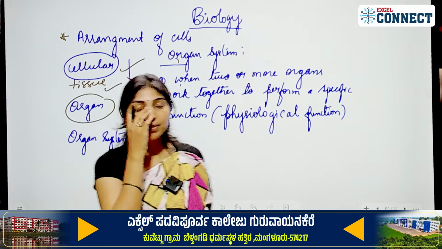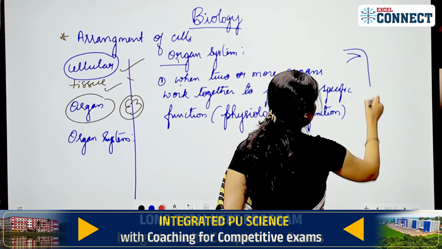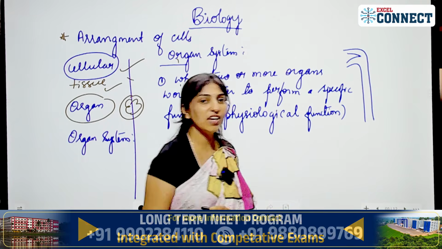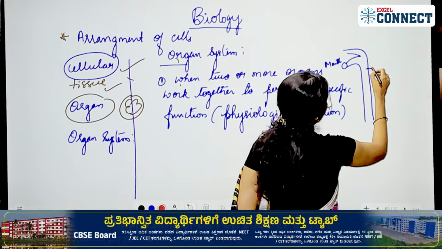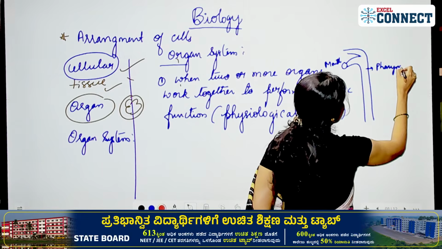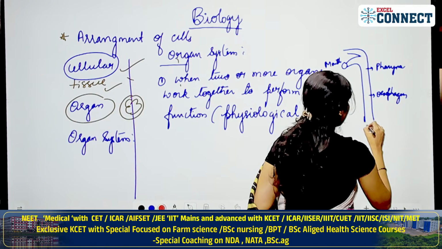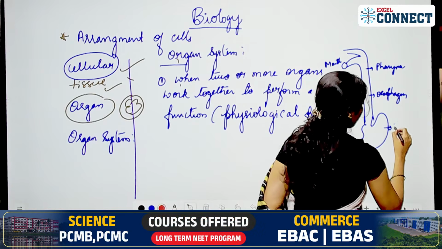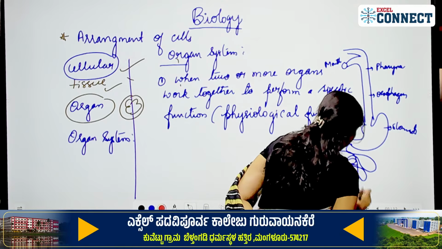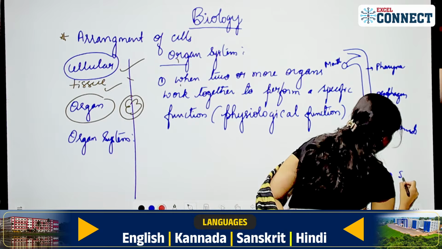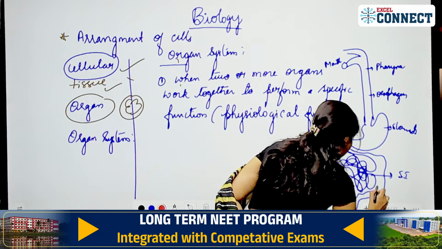Now if I take the example of the digestive system, which are the various organs that help in the process of digestion? There are various organs, correct? We have mouth, then pharynx, esophagus, then we have stomach, then small intestine, and then the large intestine, correct?